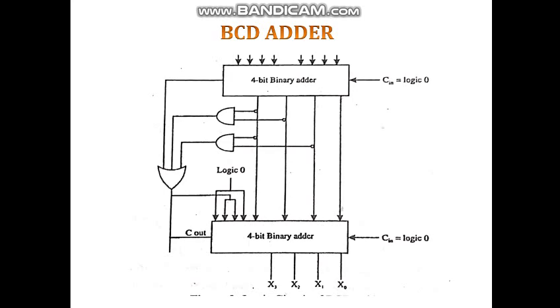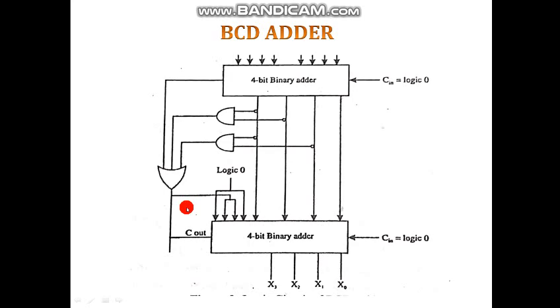Now first we add the BCD digits by a simple 4-bit binary adder, then correct it so that we have a valid BCD output. For validation, or for identification purposes, it will use this AND gate and OR gate here.